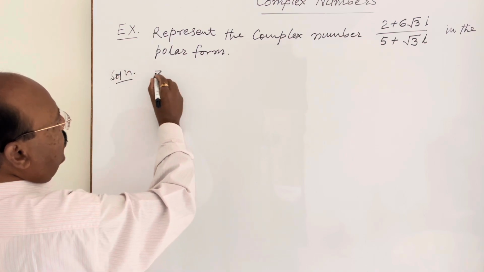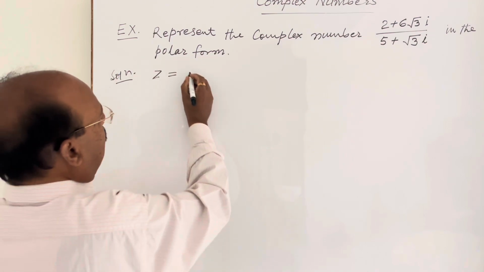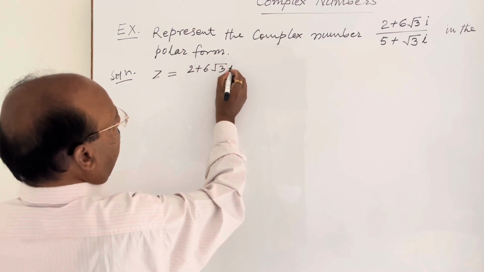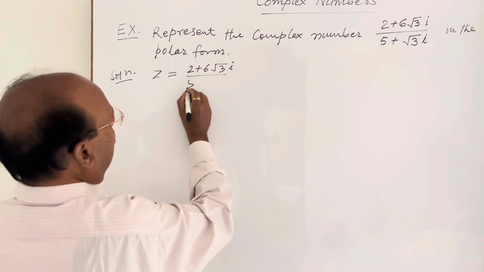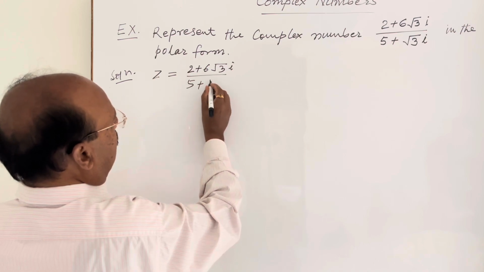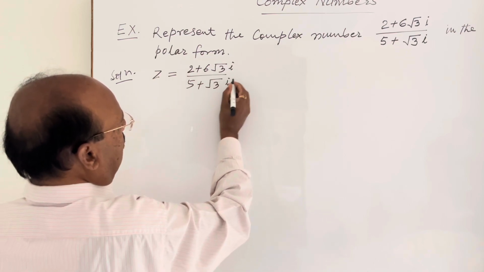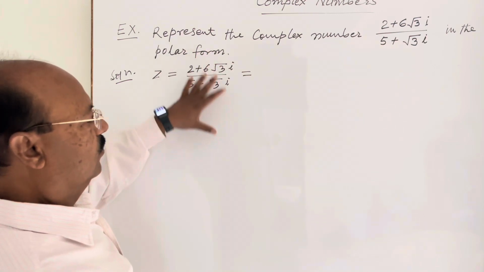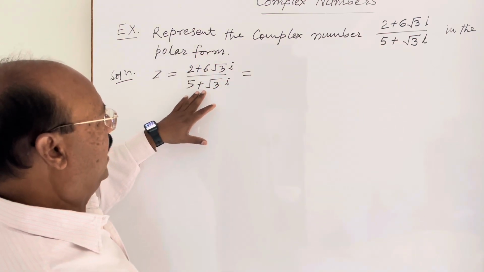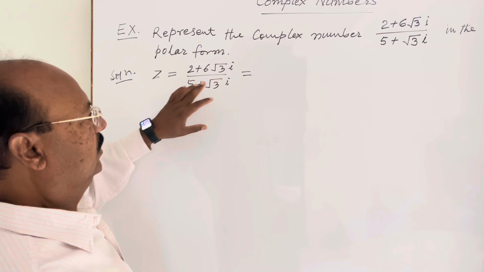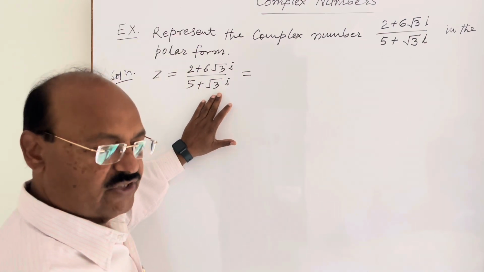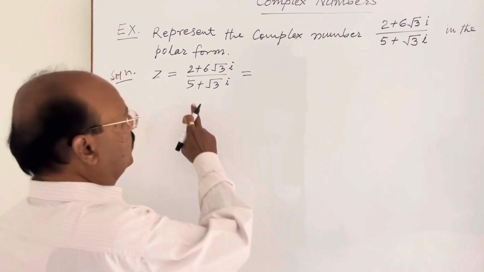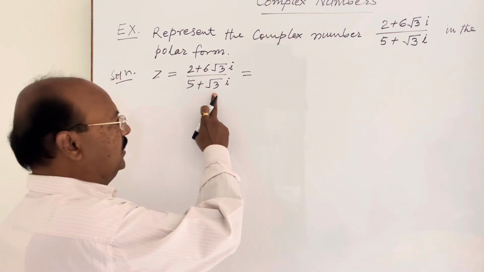Let us suppose z is the complex number, z = (2 + 6√3i)/(5 + √3i). First of all, we will rationalize this complex number by multiplying numerator and denominator both by the conjugate of this denominator. So, the conjugate of the denominator will be 5 minus √3i.